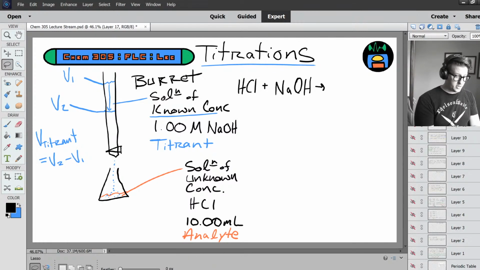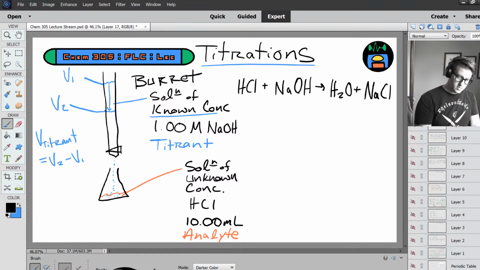Reactants are HCl and sodium hydroxide. The products will be water plus a salt.